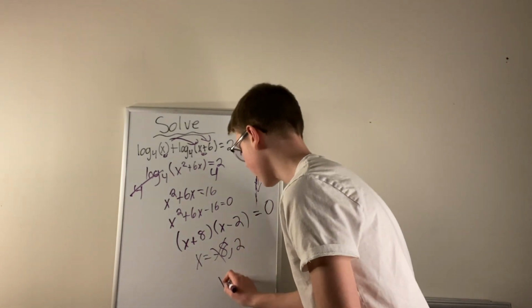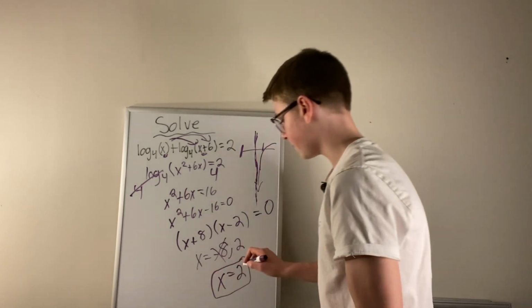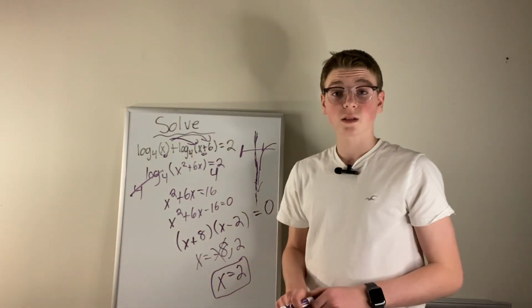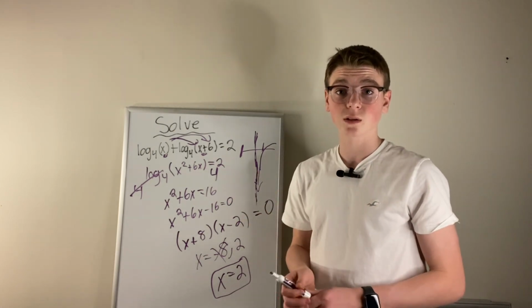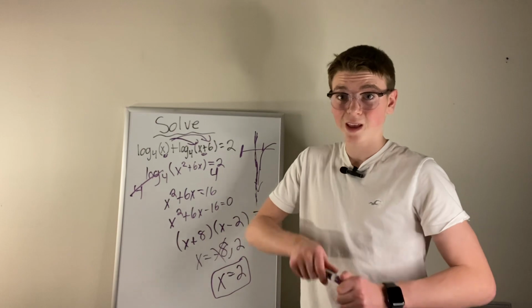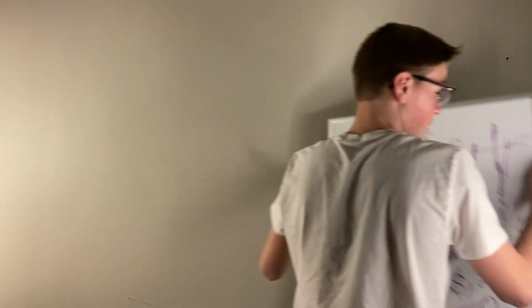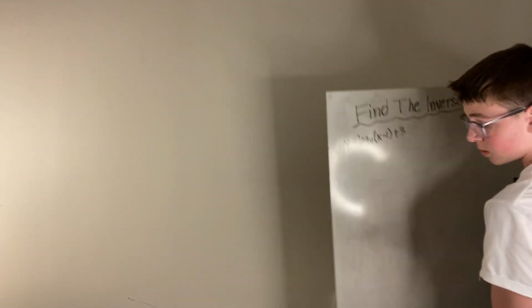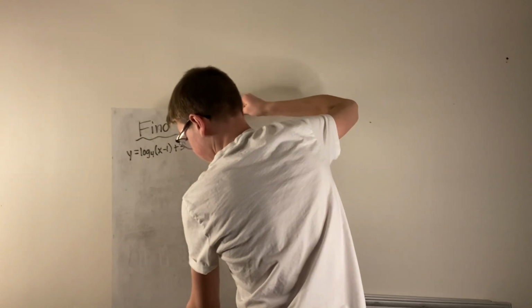So our x equals 2 is our answer. Just make sure when it's logarithms, you can have extraneous solutions. When it is exponential, you're most likely not going to have an extraneous solution. Well, at least an x extraneous solution, because your asymptote is in the y's and your domain is all real numbers.